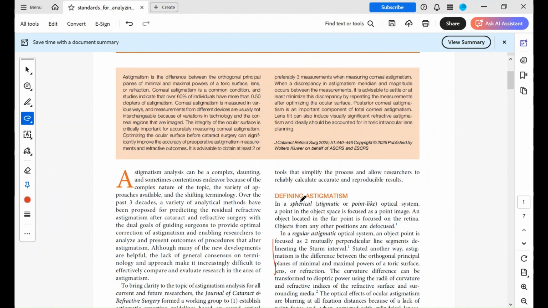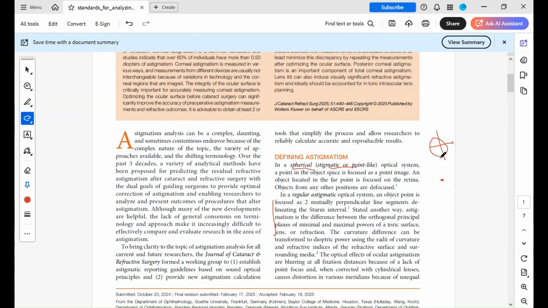Astigmatism is the opposite of a spherical surface, right? If you have a sphere, whose power in all the meridians is the same, the curvature is the same in the vertical meridian as well as in the horizontal meridian. So rays of light that pass through these meridians fall at one point, and that is called stigmatic, right? But in astigmatism, the curvature in the vertical meridian and in the horizontal meridian are different.